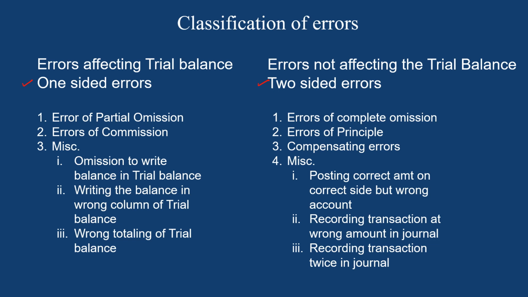The account is wrong here. Or you have recorded the transaction amount in the journal only at the wrong amount. Or you record a transaction 2 times in the journal. The same entry recorded twice. So these types of errors will come under two-sided errors.